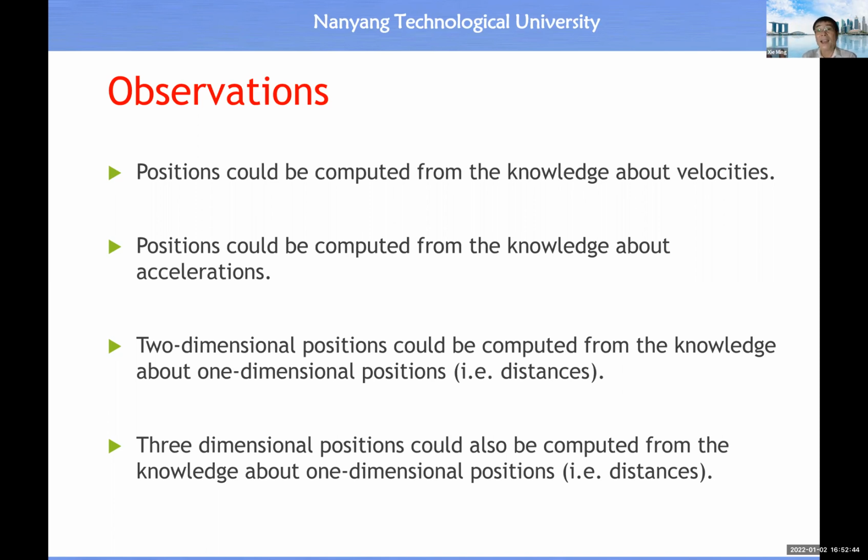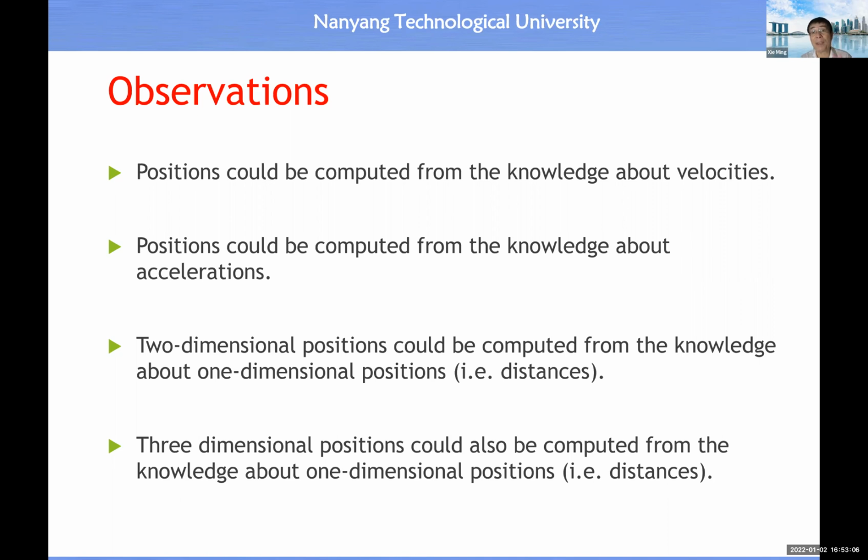Then in mathematics, we also know that we should be able to determine the position of a point in a two-dimensional space if we know the distance from this point to a few reference points.